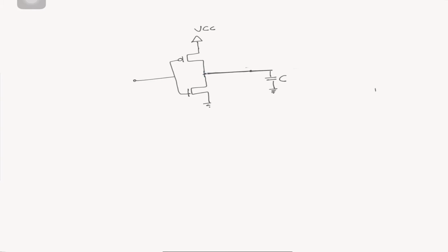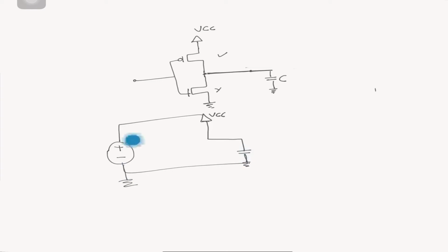So when our PMOS is on and NMOS is off, we have this circuit. Think of this as if a supply was connected, and the other side is ground here, or in other words, they are the same.